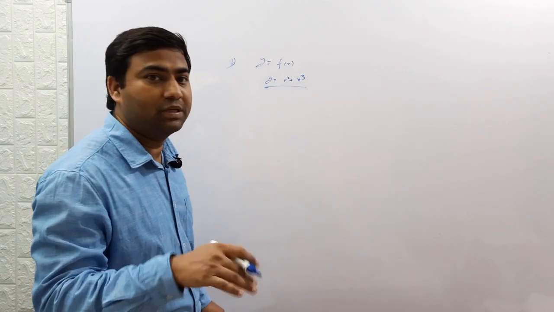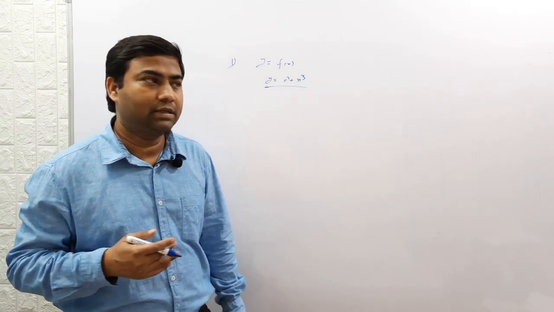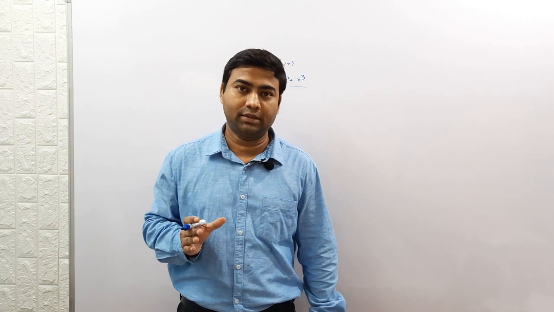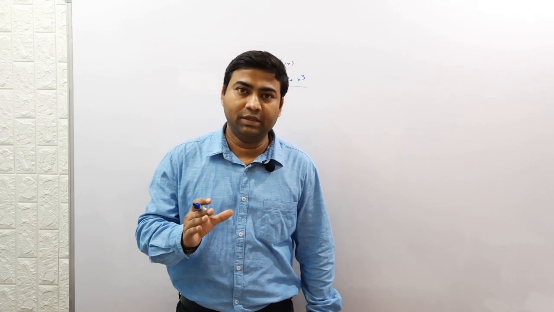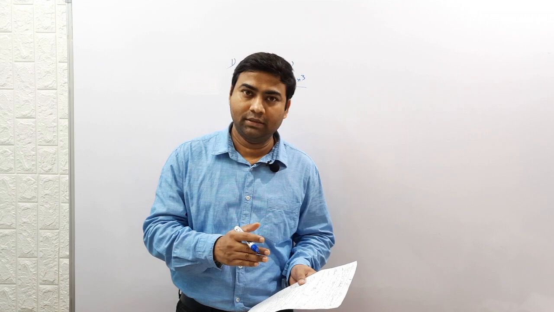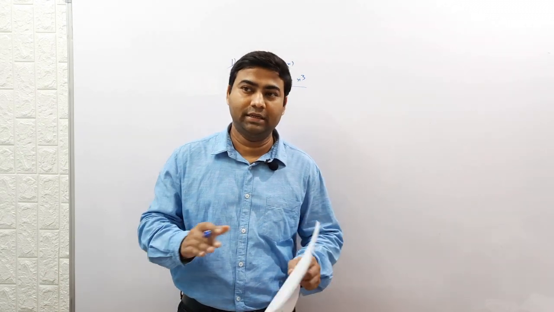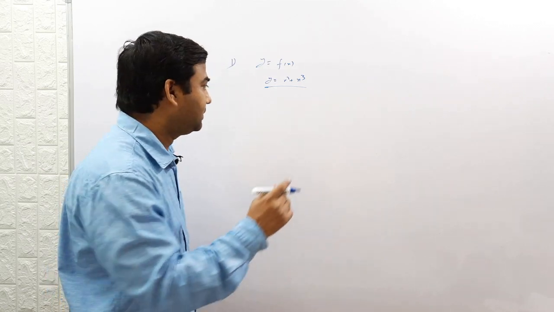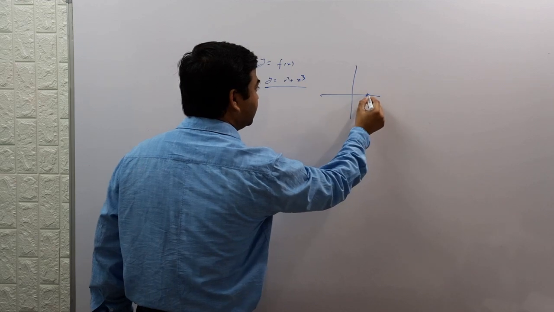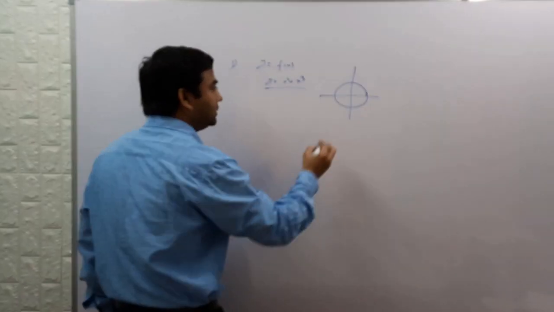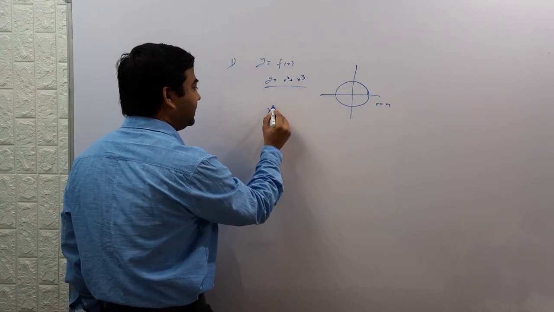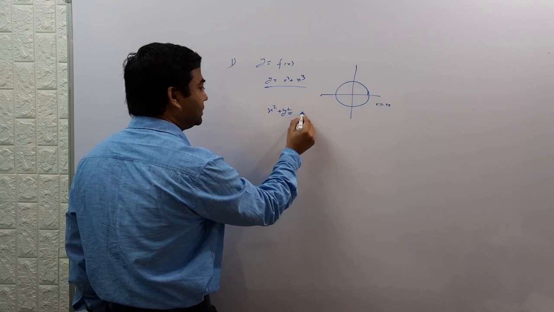Other classification is implicit function. Implicit function involves dependent and independent variables in a single expression. Implicit function will comprise the dependent variable, that is y, and the independent variable, that is x, in a single expression. For example, we know the equation of a circle in this Cartesian coordinate system. Equation of circle with origin O and radius a is given by x square plus y square is equal to a square.